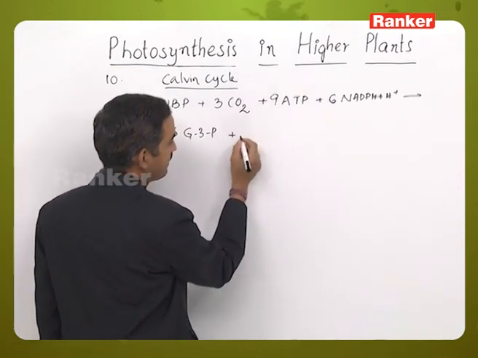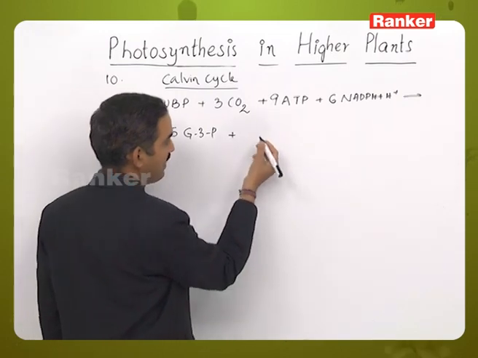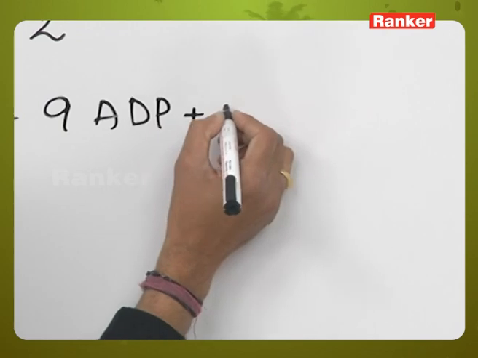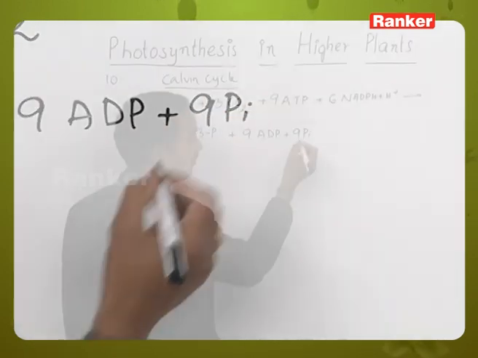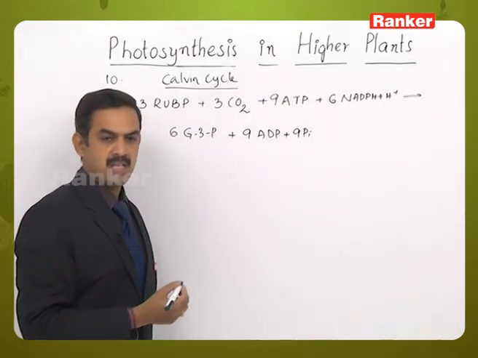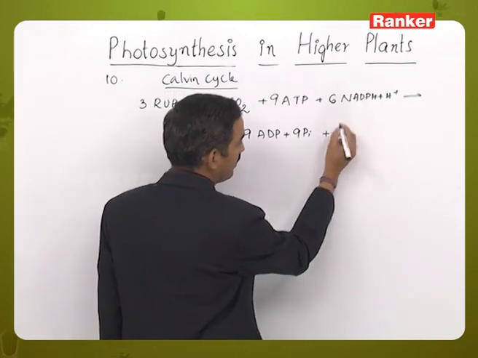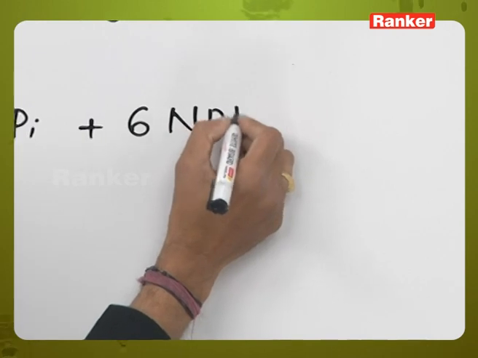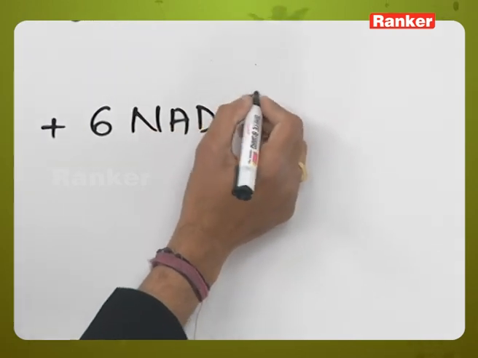So the 9 ATPs are losing 1 phosphate each and converted into 9 ADP molecules and 9 inorganic phosphate molecules, and 6 NADPH are converted into 6 NADP molecules.